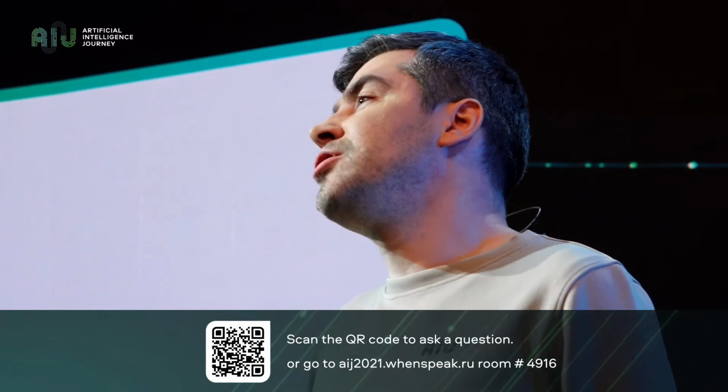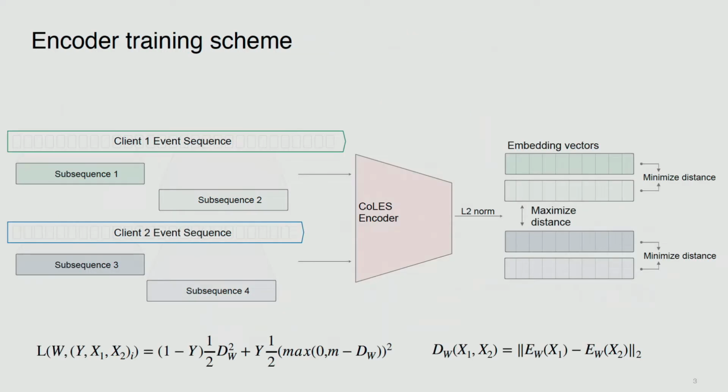And the third, embeddings help us protect data, because the original initial sequence cannot be restored from an embedding. So inside the ecosystem of ours, we may spread them far and wide, not fear that someone will receive access to the client's transactions.